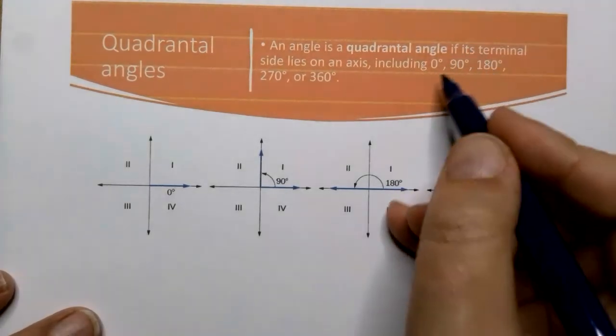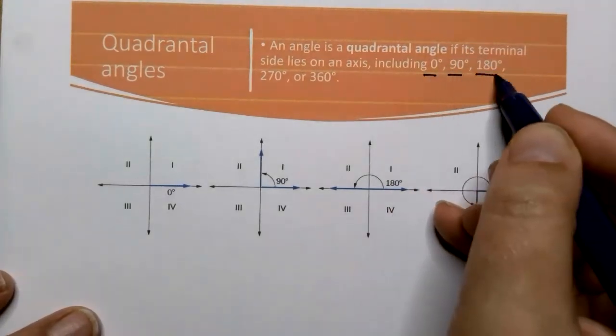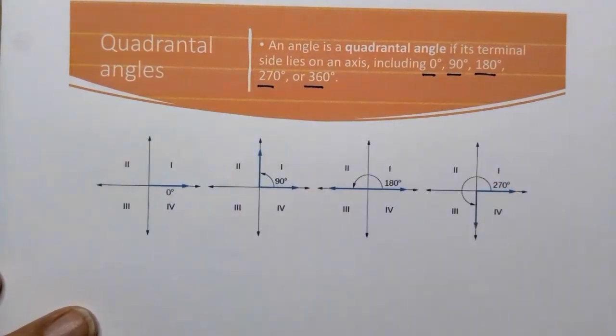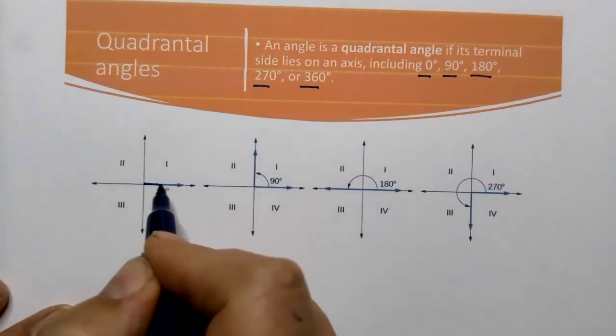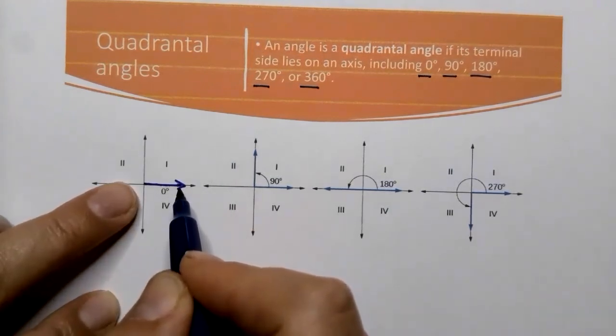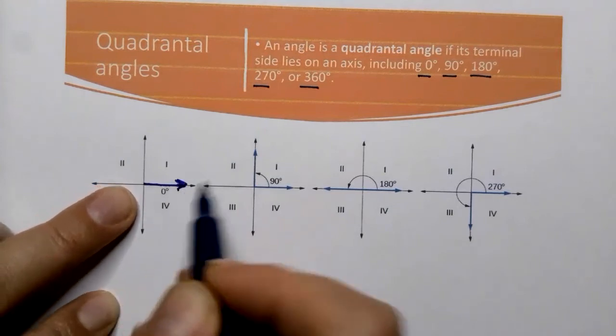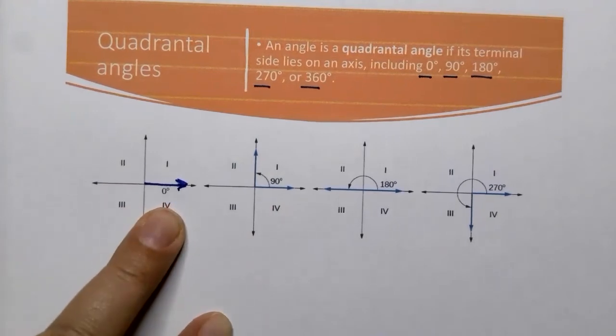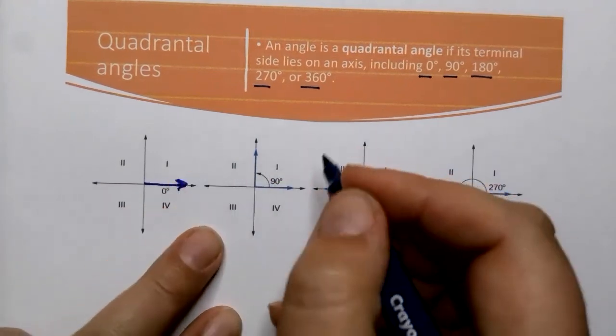Those are the angles of 0, 90, 180, 270, and 360 degrees. If the angle is 0 degrees, its second ray does not move, so the terminal and initial side coincide, and this is the angle of 0 degrees.